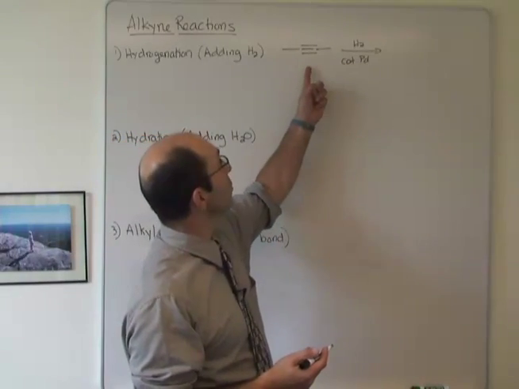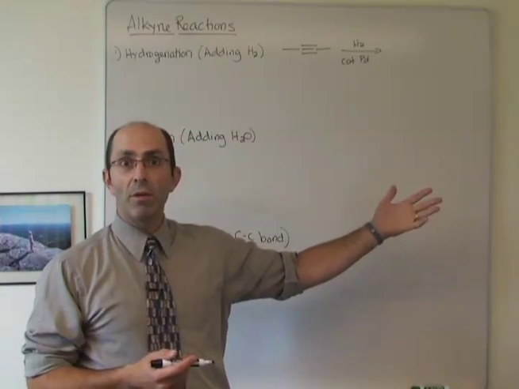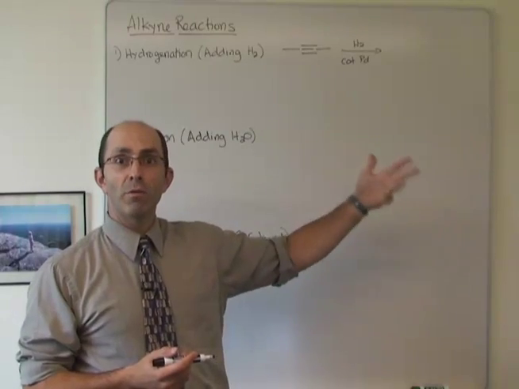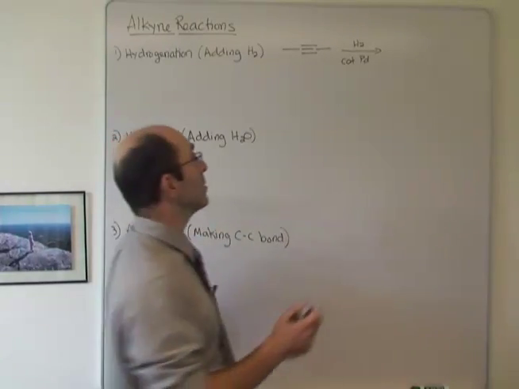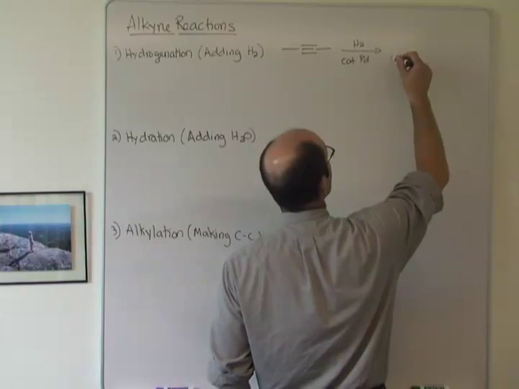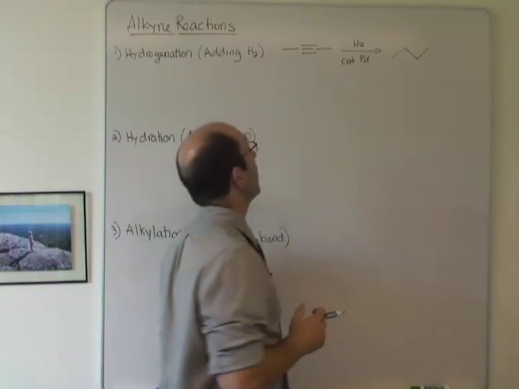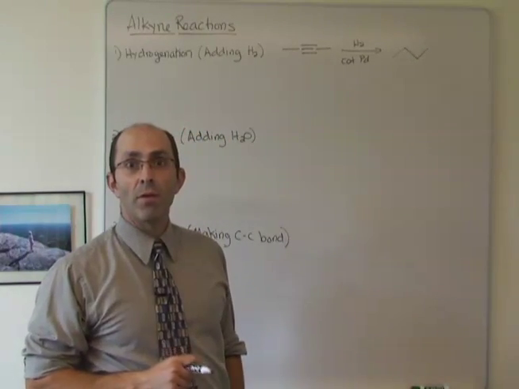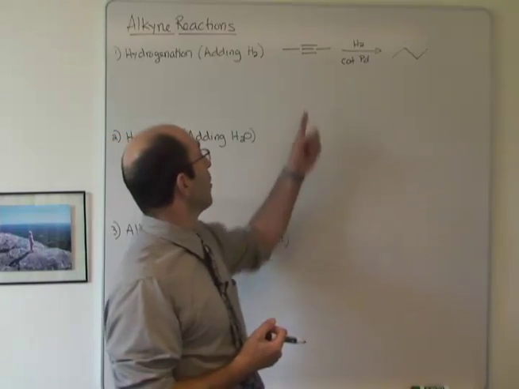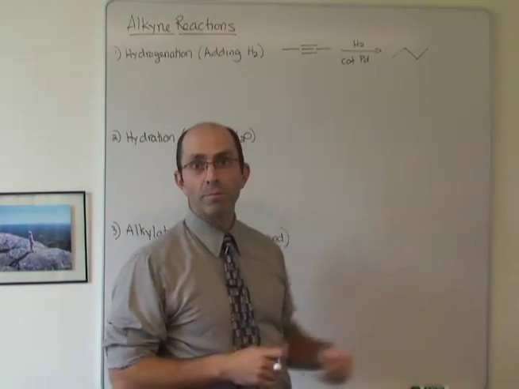Now clearly if we add H2 to the alkyne, we make an alkene, and then the alkene can react further to make an alkane. So what happens is it ends up reacting twice, and we end up getting to the alkane. Right? Very efficient way to go from an alkyne to an alkane.